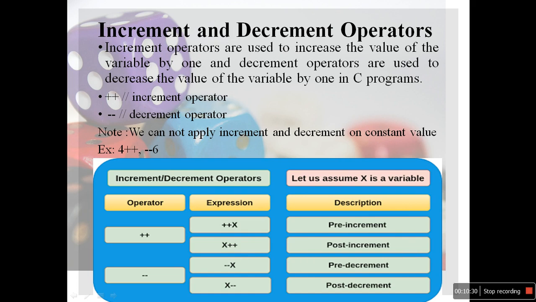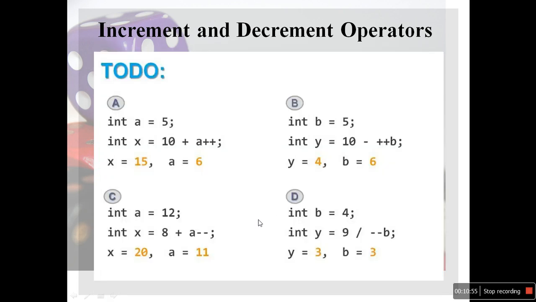So what is the meaning? x++ means that the value will be incremented after, that is post, and ++x means pre-increment. First the value will be increased. Same in minus, pre-decrement and post-decrement. I will show you by example.